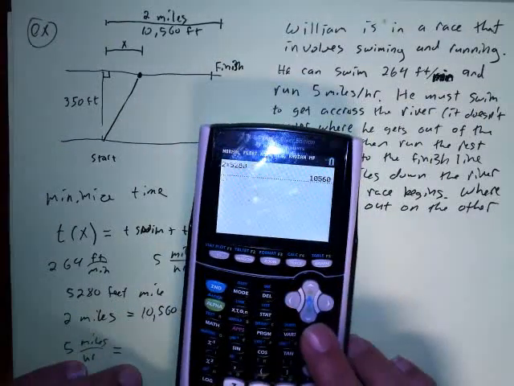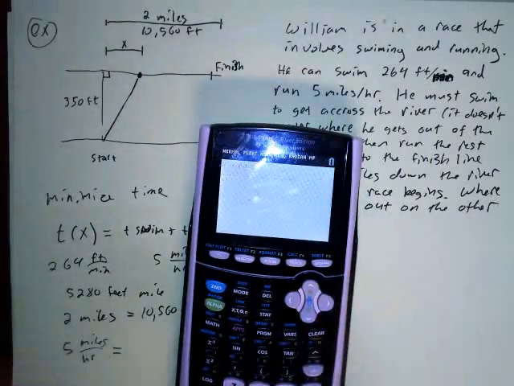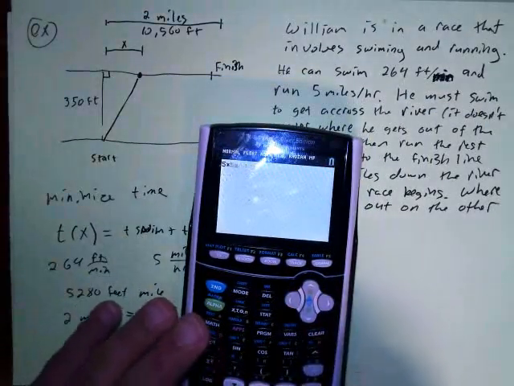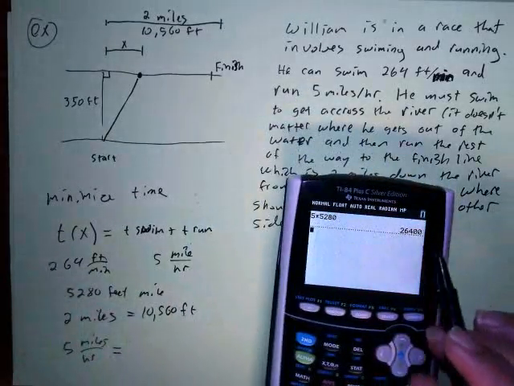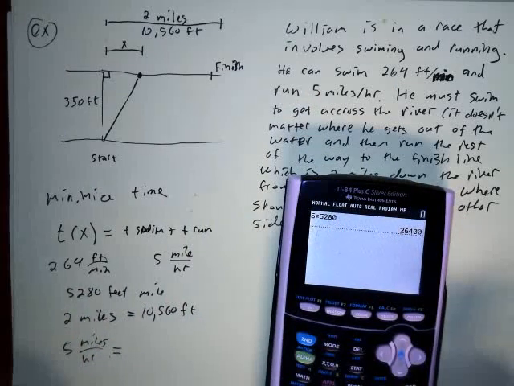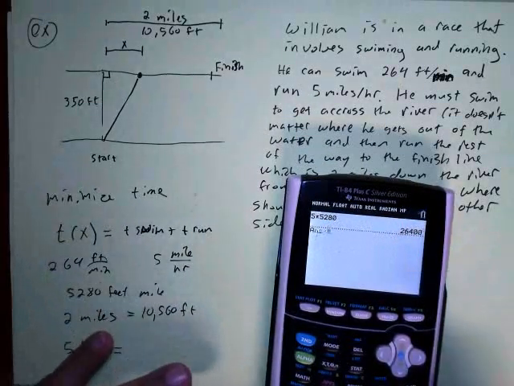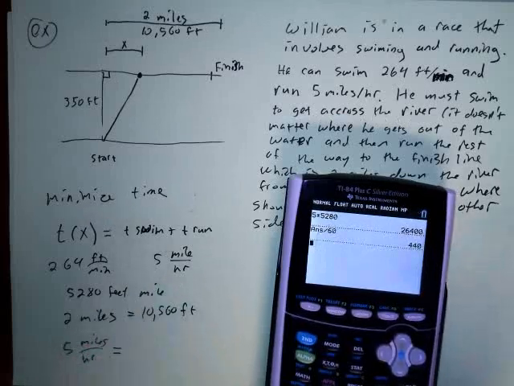Well, if he can go 5 miles per hour, so I take 5 times 5,280, and what that means is he can go 26,400 feet per hour. So I have to divide that by 60 to find out how many feet he can go per minute.